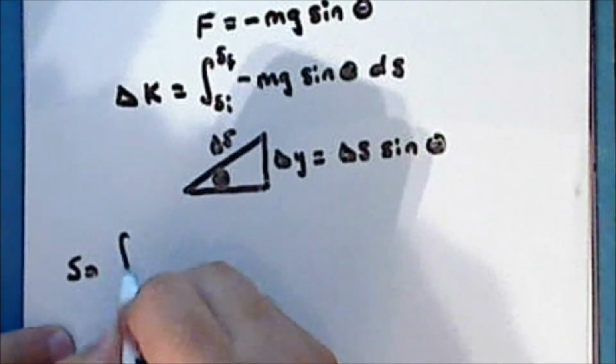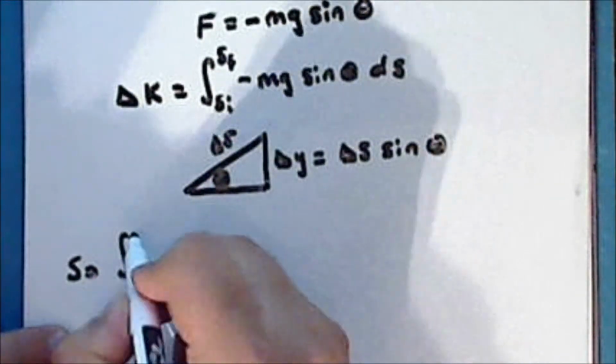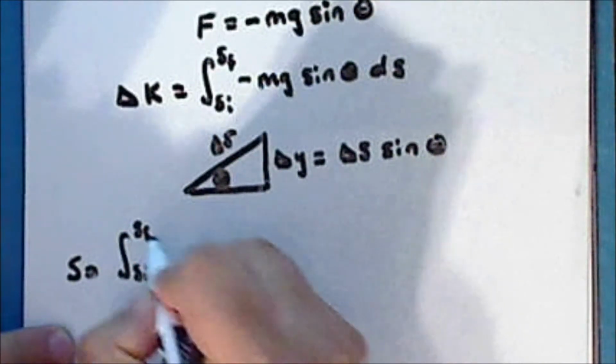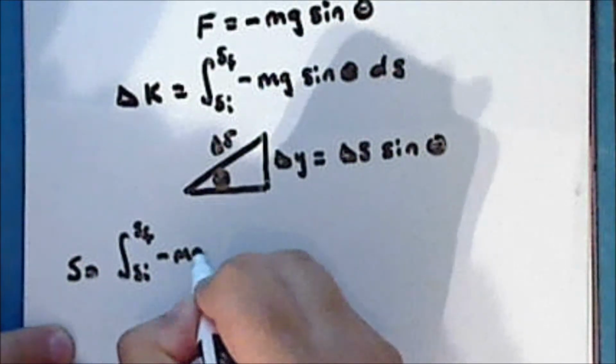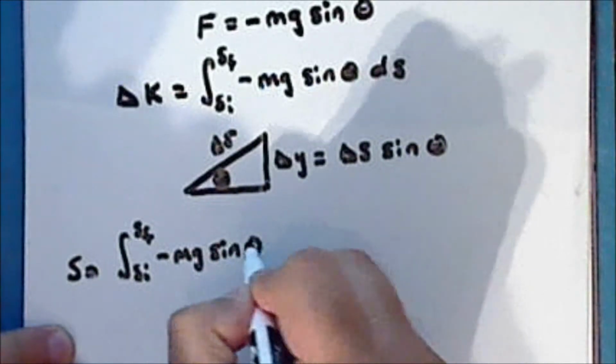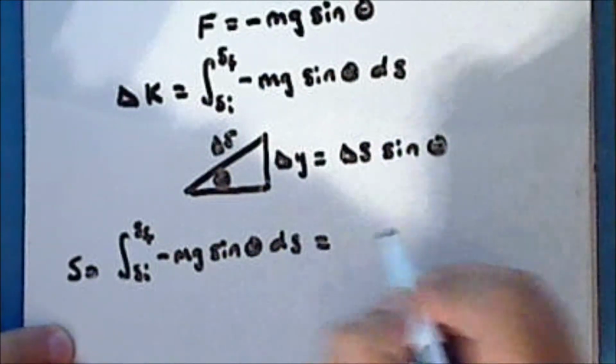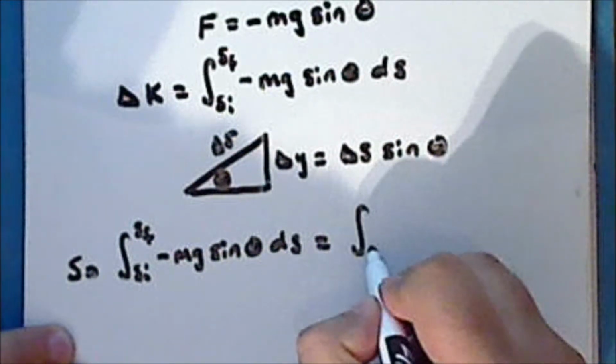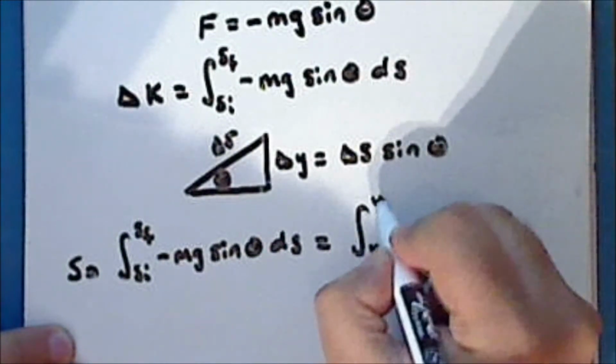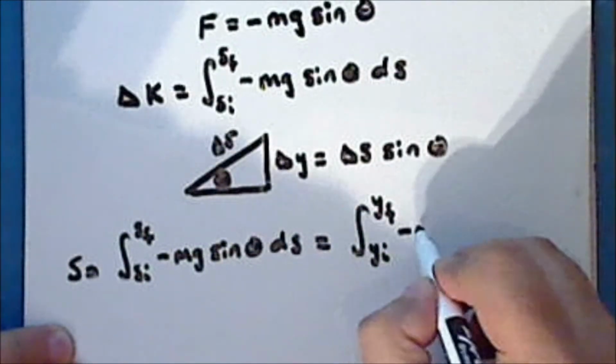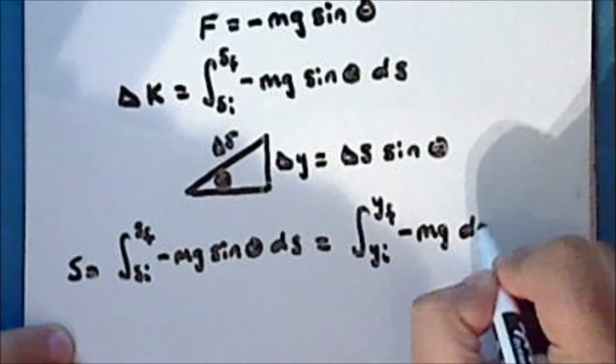And so the integral from an initial s position to a final s position of negative mg sine theta ds is the integral from an initial y position to a final y position of negative mg dy.